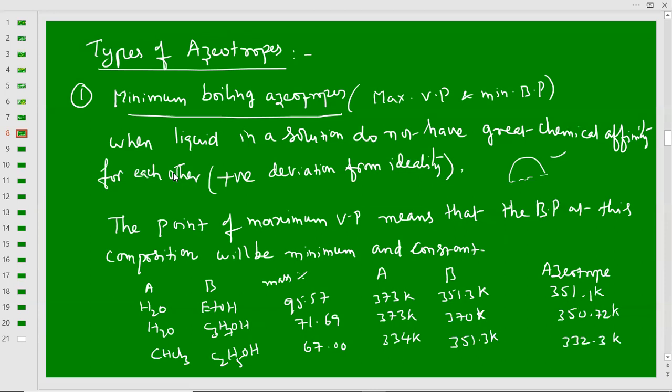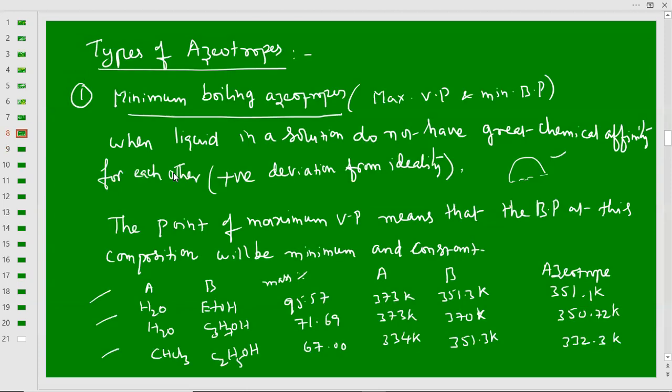So here what we notice is an important thing: the constant boiling point of the azeotrope is lesser than the boiling points of the individual components. Let us see the second type of azeotrope. First we discussed minimum boiling azeotropes, which have maximum vapor pressure.